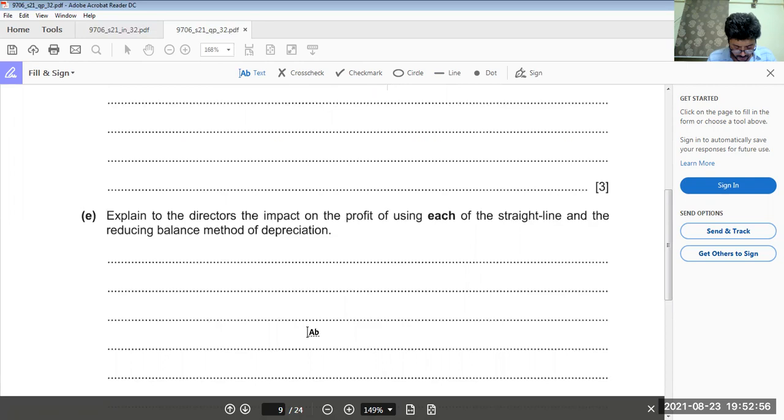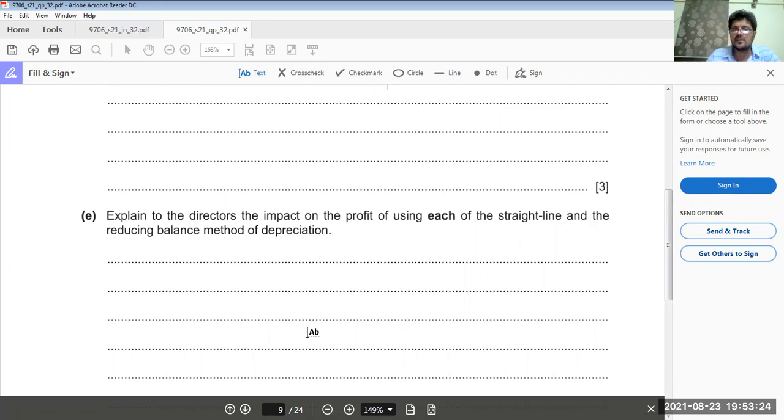So what do you think? In the straight line method, the depreciation amount remains constant, so it is constantly deducted from the profit by a constant amount. The diminishing balance method gives higher depreciation and works as a tax shield. It is higher in the beginning years and lower in the ending years.